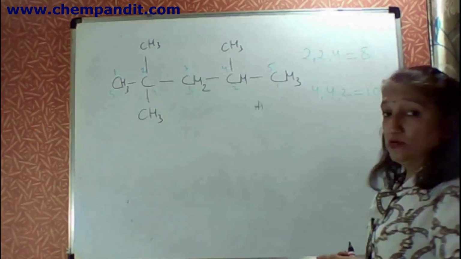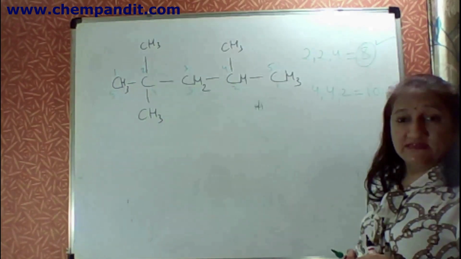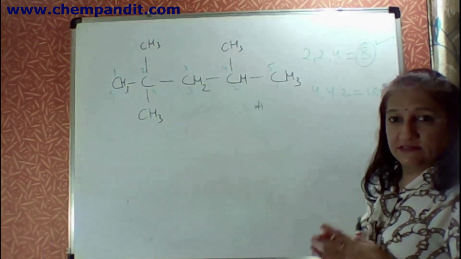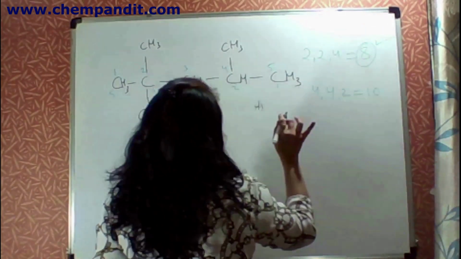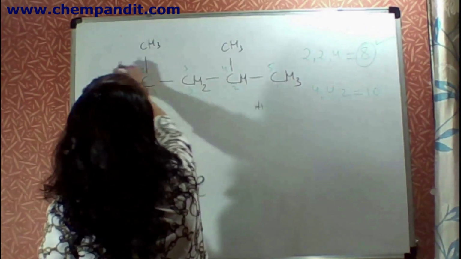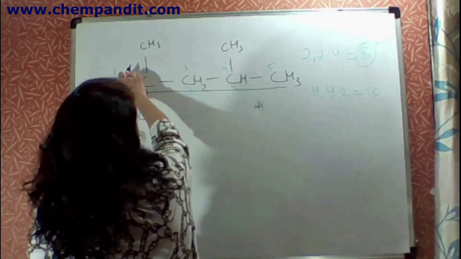So what is the rule? The rule says that the lowest sum is taken as the right sequence. Clear? So this way, the name of this compound will become, we will follow this left to right sequence.